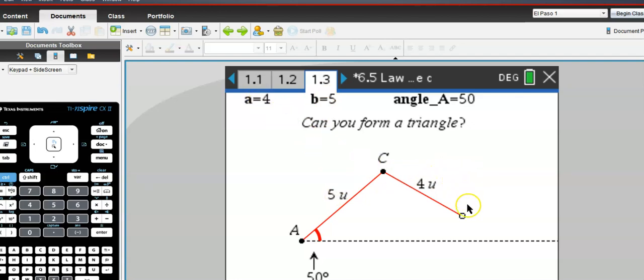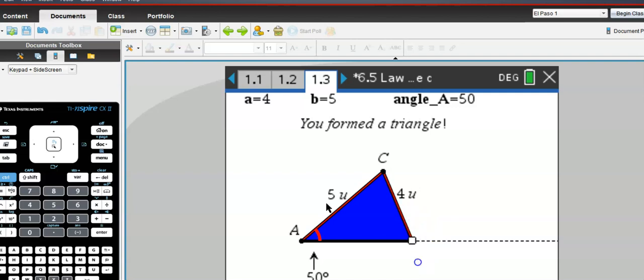We don't really know what angle C is, so angle C could be very big or very small, but in order to form a triangle, it has to hit that line that's at a 50-degree angle. So you can see right there, it does in fact form one triangle.